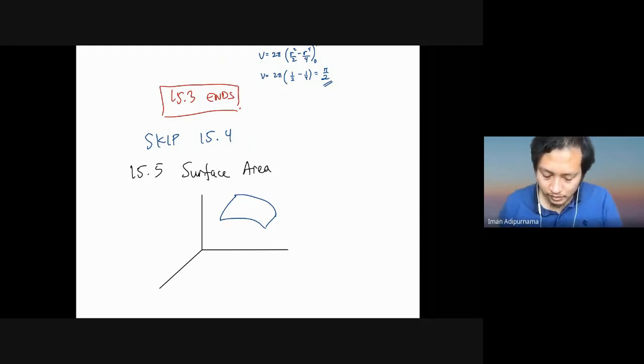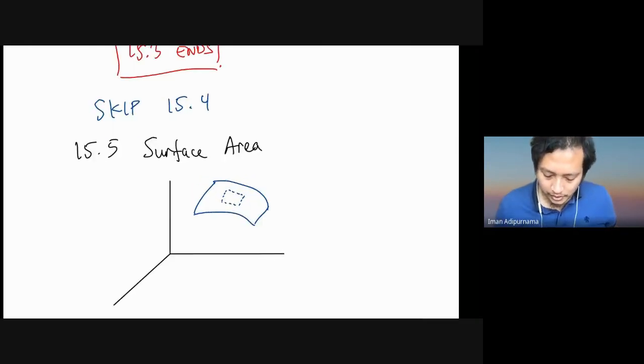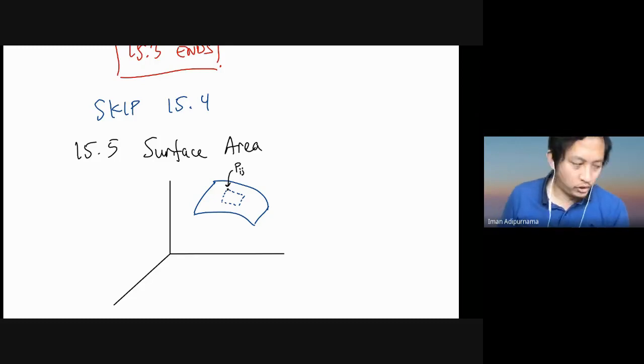And then we can map on this surface and observe at a point here. Let's say this is our Pij to make it more specific.